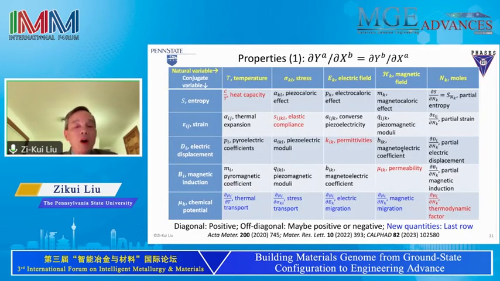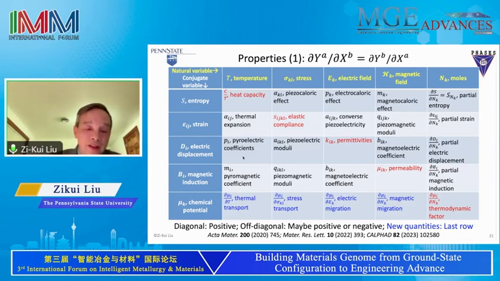Okay, so what it means is that all the properties we measure, thermal expansion, the piezoelectric coefficient, piezoelectric modulus, they are all second derivatives of the free energy with respect to the molar quantities. So if you get the free energy right, you can actually calculate all of them by the derivatives. And even more important, the diagonal terms here are positive for a stable system.